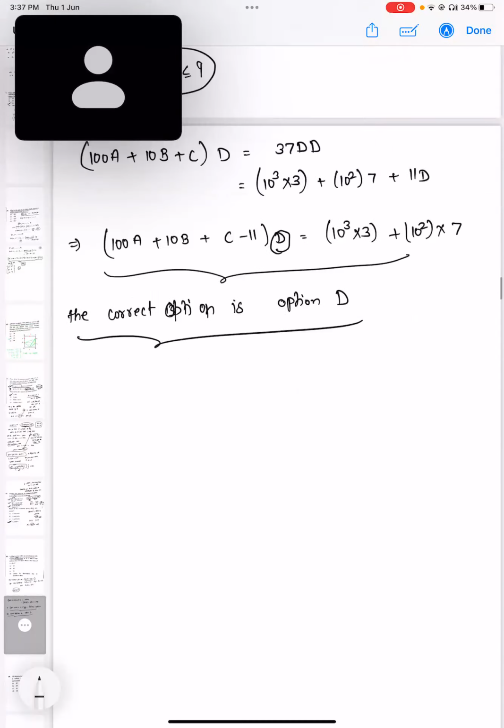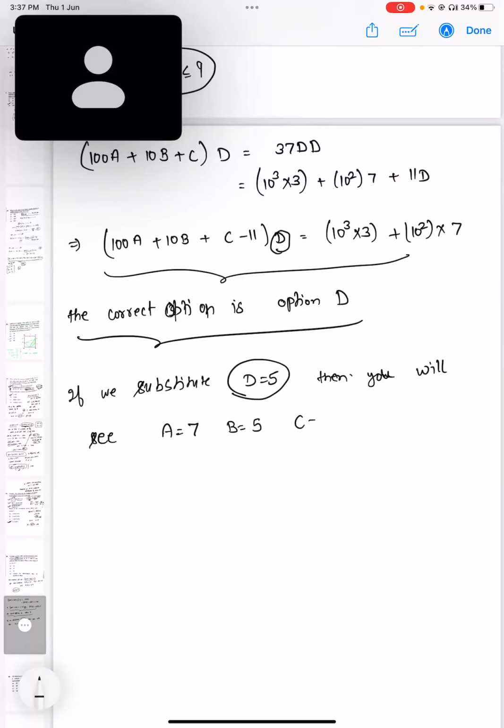And one more thing in this question, if we substitute D equal to 5, then we see A is equal to 7, B is equal to 5, C is equal to 1 satisfies the above equation.